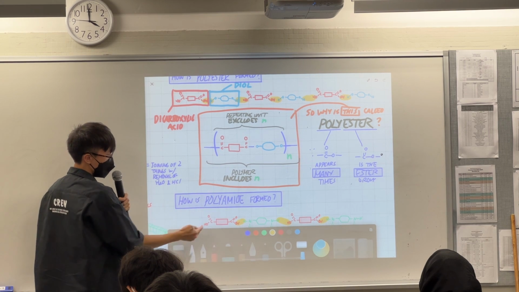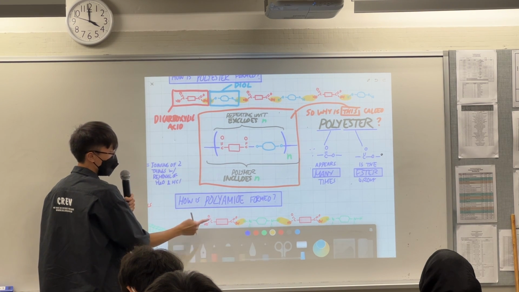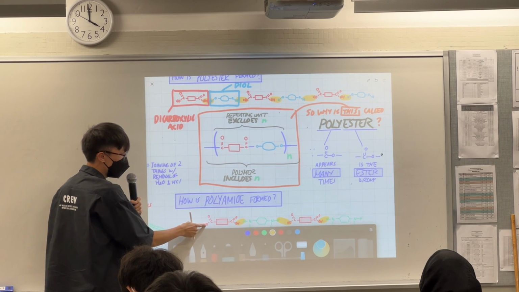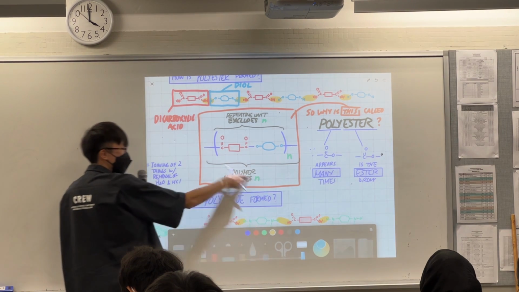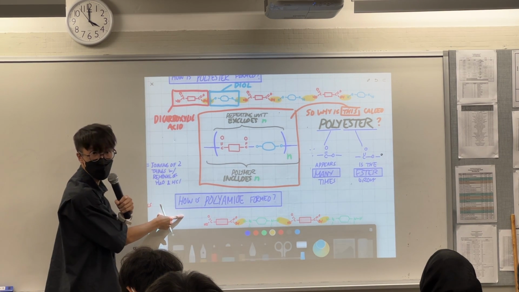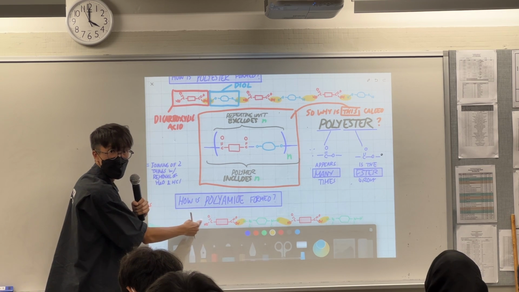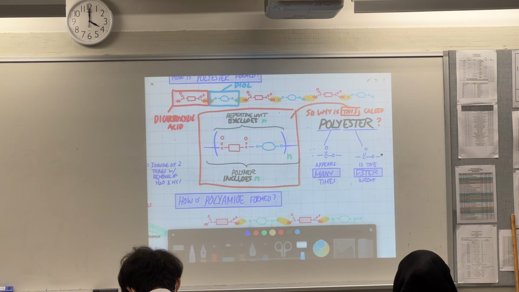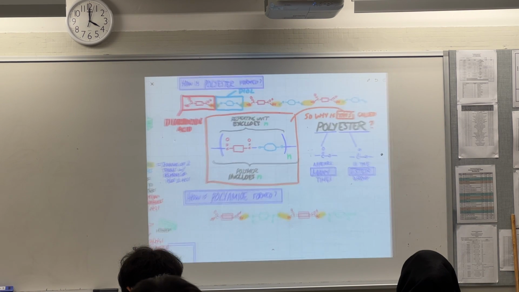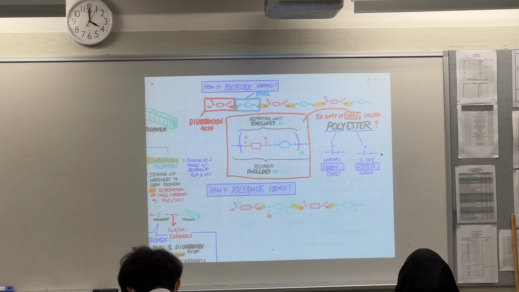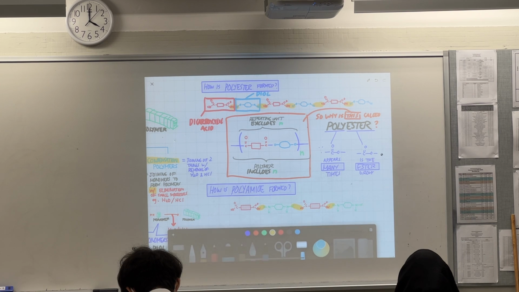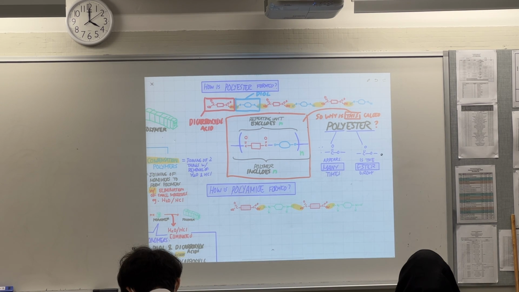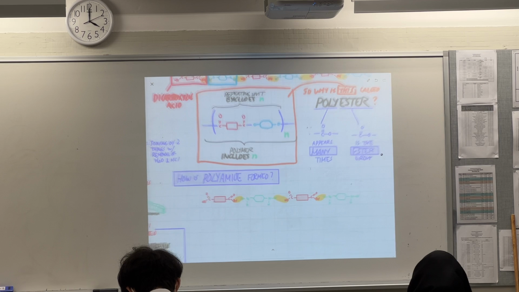Same thing here. We will not show this OH group because potentially it can react with another diamine that's placed in here. But because I did not draw it, you don't have to show it. So can you start from the CO double bond and show me the repeating unit? What's the repeating unit like? You have maybe 20 to 30 seconds to draw it.